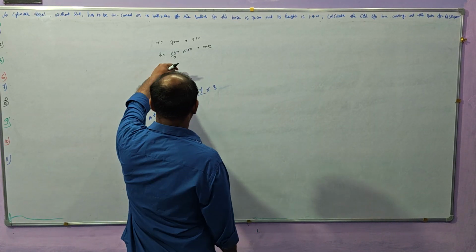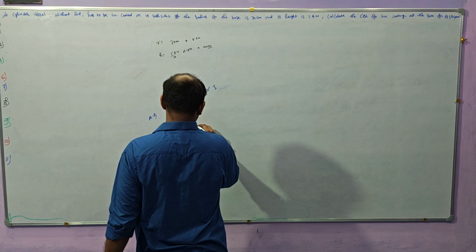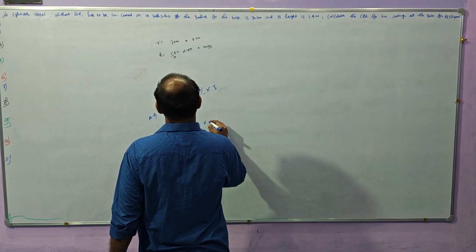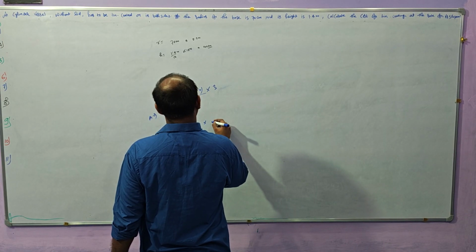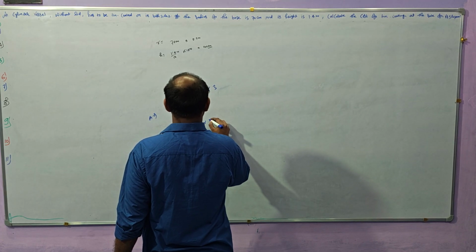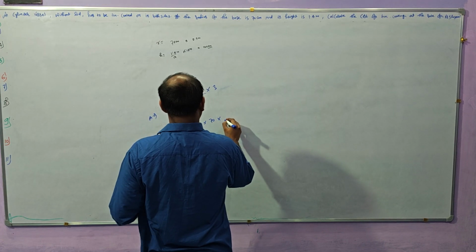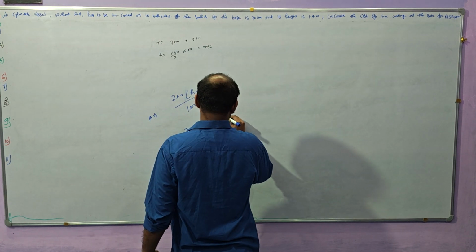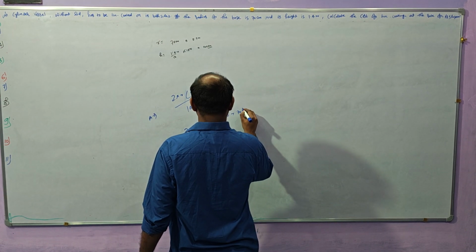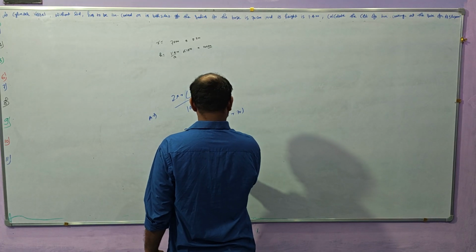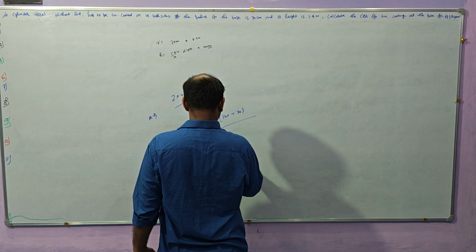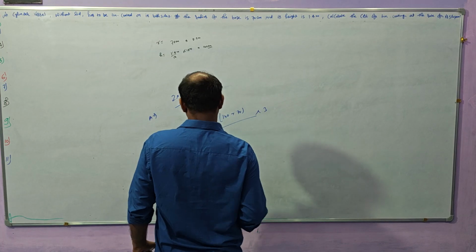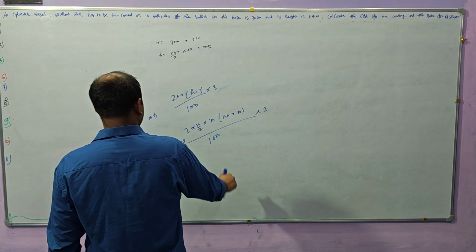And we have dimension 2 into 22 upon 7 into 70 centimeter, height 140 plus 70. Now 1000 into 3. We get the rupees after solving this.